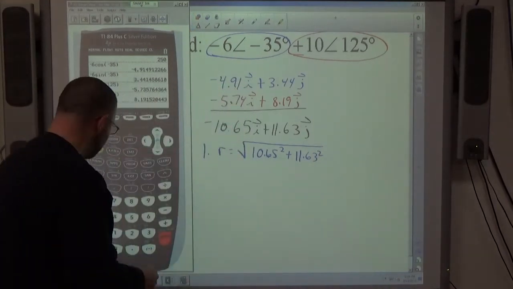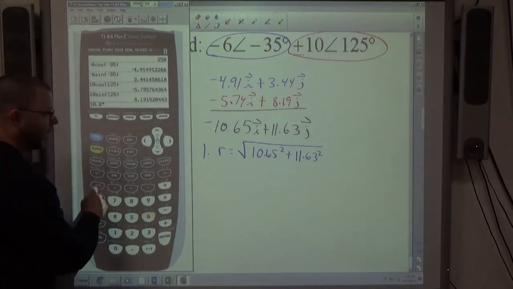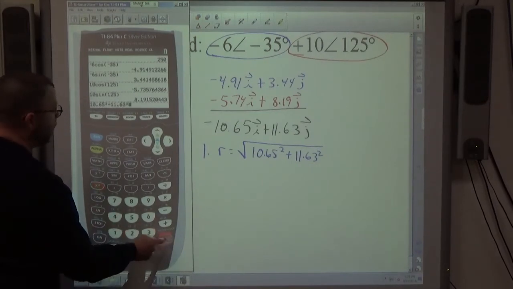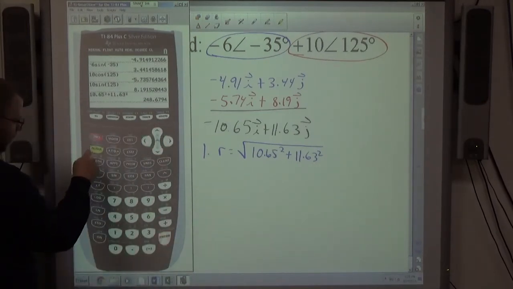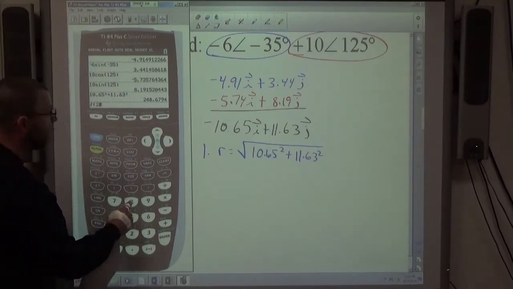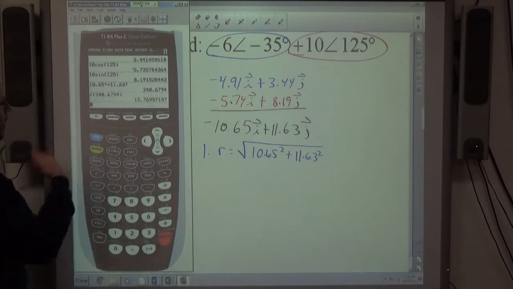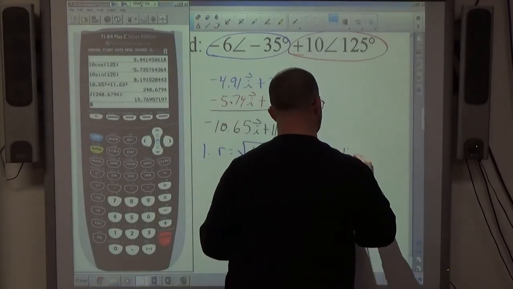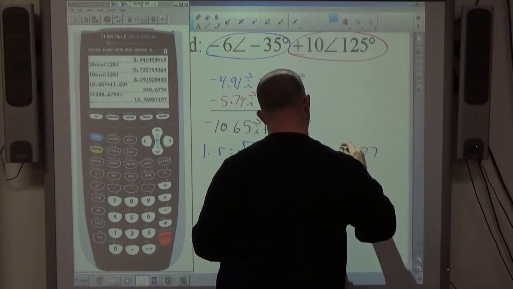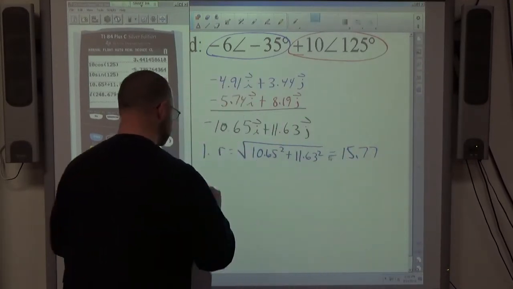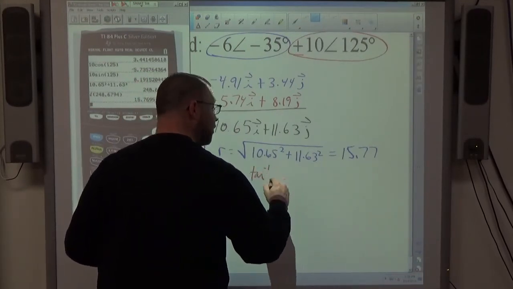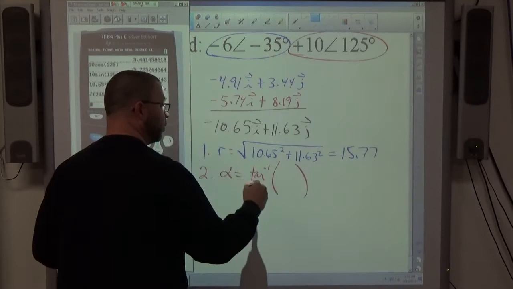So just like that, if I type in 10.65 squared plus 11.63 squared, that's what's underneath the square root. So if I square root that number, 248.6794, r is going to equal whatever that is, 15.77. Step 2 is find a reference angle alpha, which is always inverse tangent of the absolute value of the second over the first number.